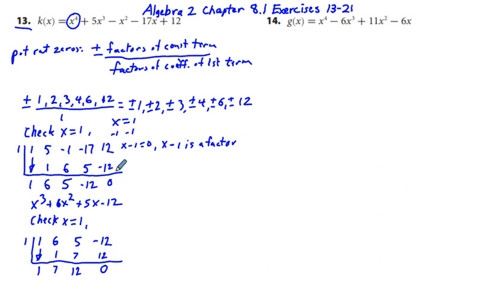So we have x minus 1 is a factor. So what we have is x minus 1 as the factor twice, and left over, working to the right down here, we have x squared plus 7x plus 12.